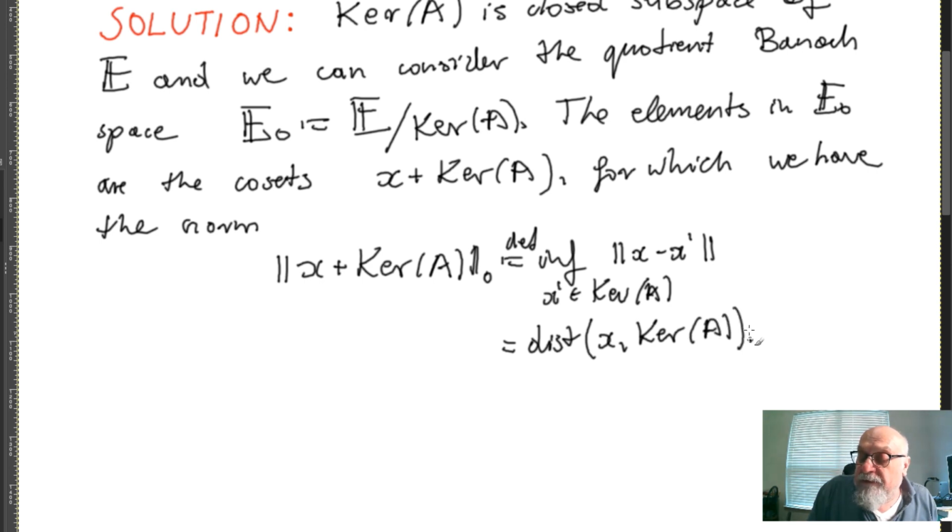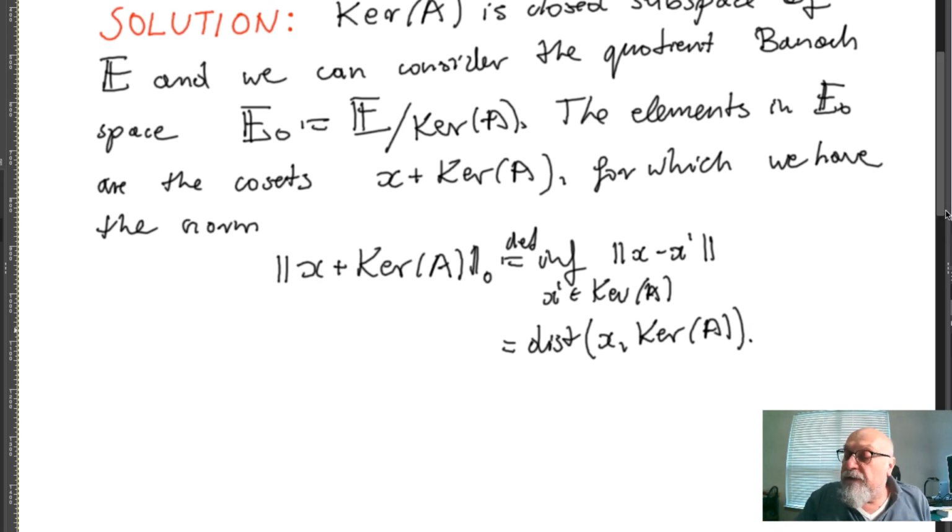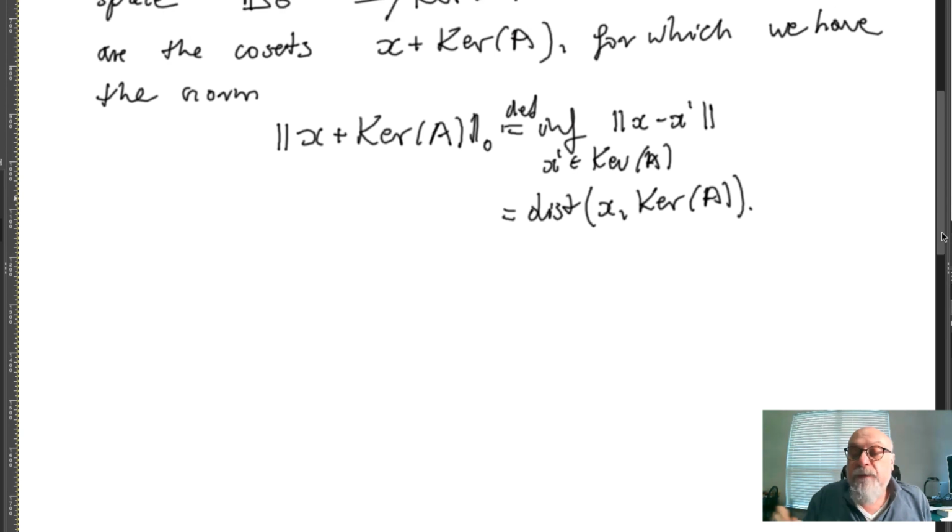So clearly the quotient space is the right space to work on this problem. Let me continue. First of all, we have the following commutative diagram.